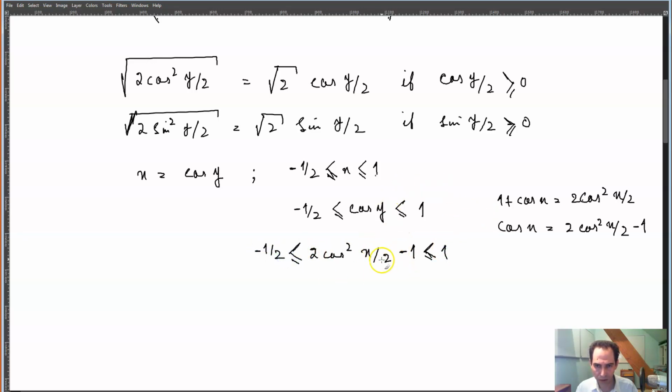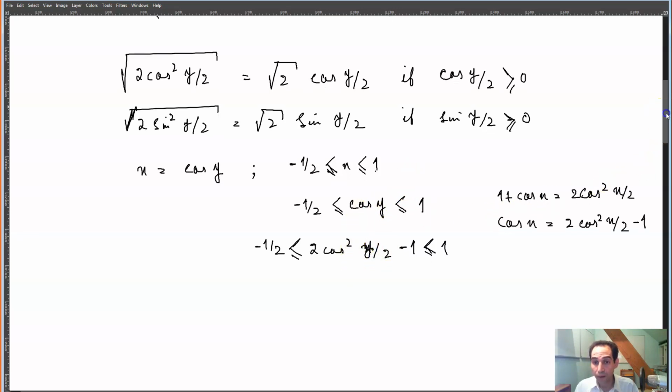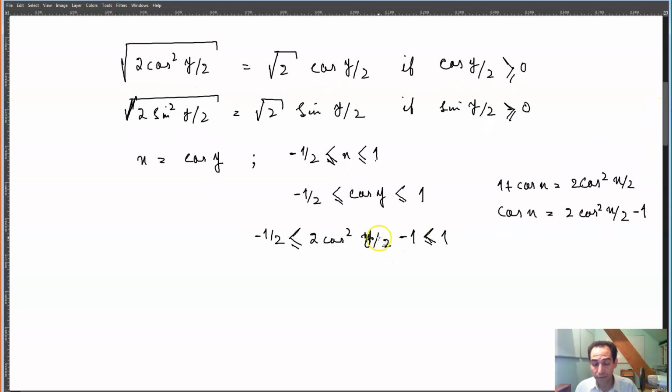Now I need to get only cos of y divided by 2. Let's do this the other way around.